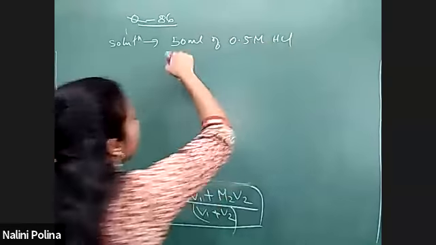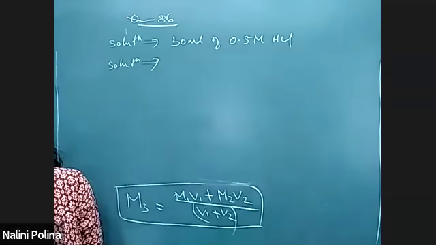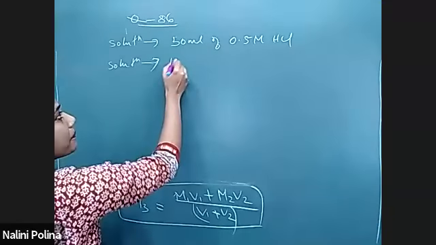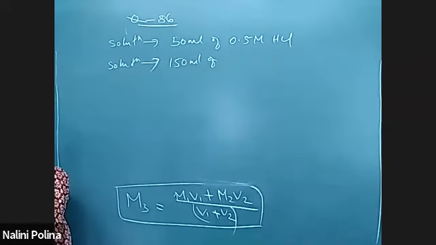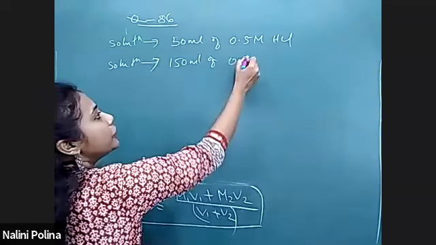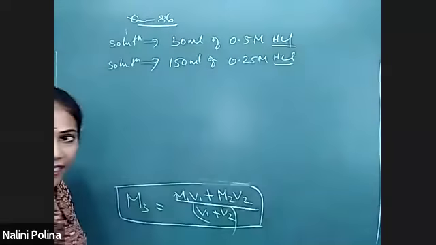And you have another solution, solution 2. Okay, so what is the volume and molarity of solution 2? 150 ml of molarity 0.25 molar HCl. The substance is the same, that is HCl.